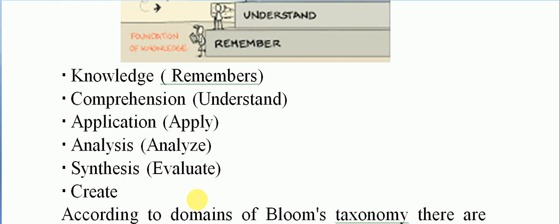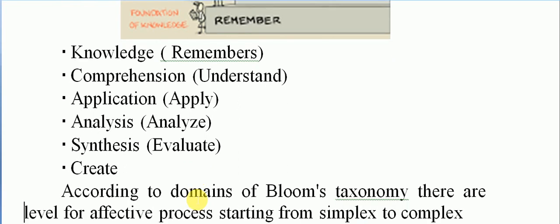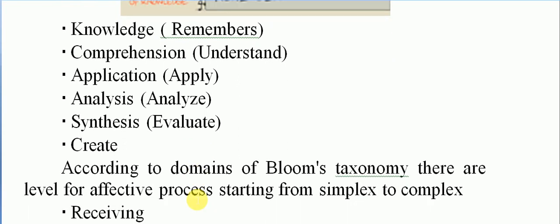Then analysis means we analyze how it can be successful. Then we synthesize it, means evaluate it. And lastly we are able to do it, means we can create something new. These are the 7 steps of Bloom's taxonomy in the cognitive domain.